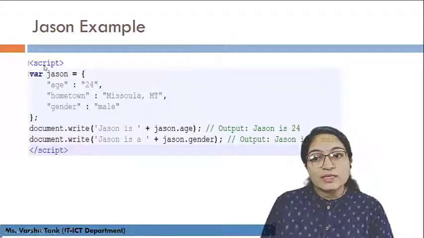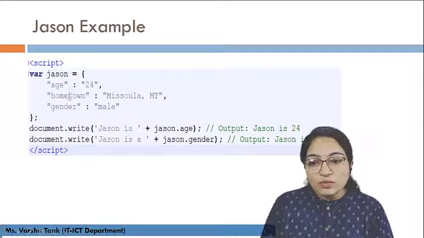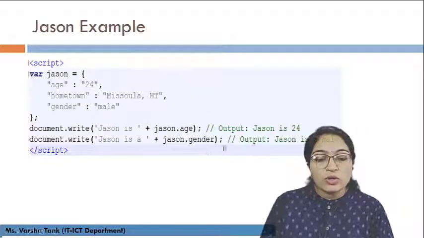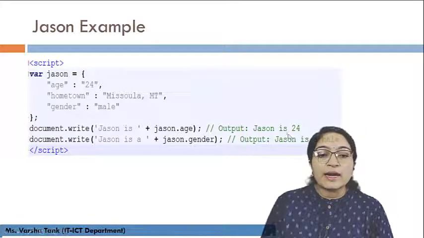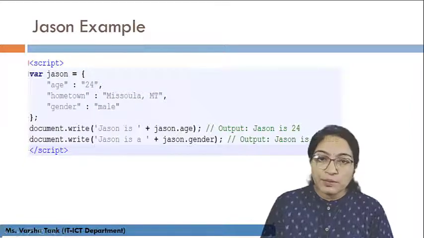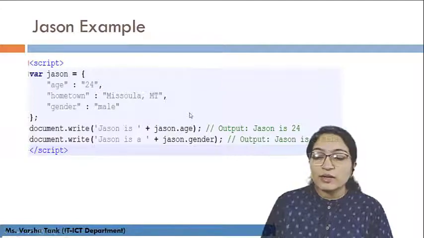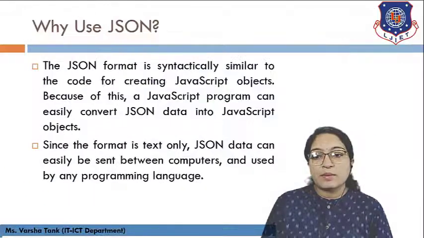If you want to access the value, you have to use the object name dot the value name. So json.age, json.hometown and json.gender. This way you can access the values. Here you can see the output: the age is 24, and for the others the output is shown. Got it? Like this you can create a JSON object and define a JSON example.